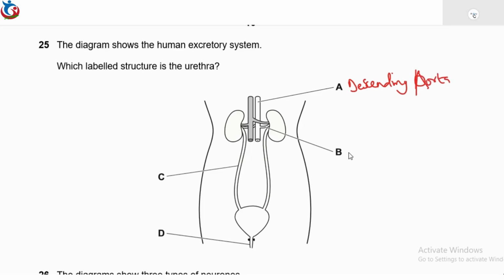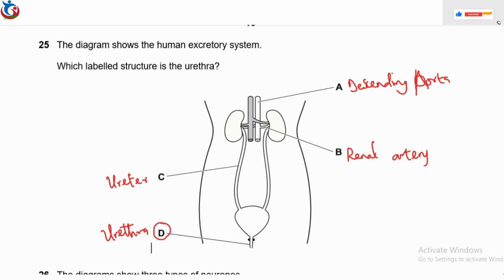Label B is the renal artery. Label C is the ureter. Label D is the urethra. So automatically option D is our correct answer.